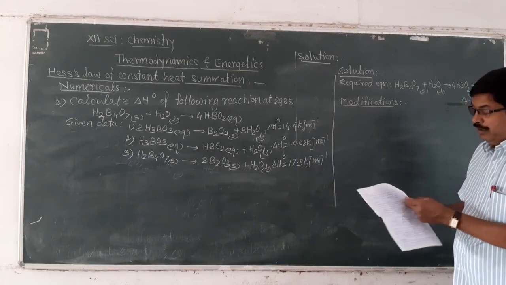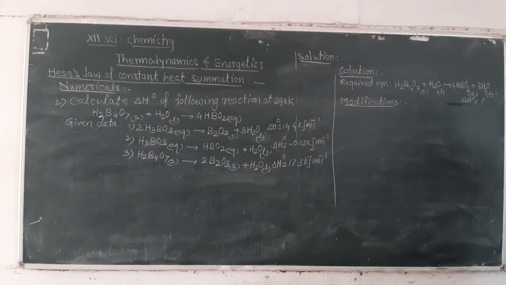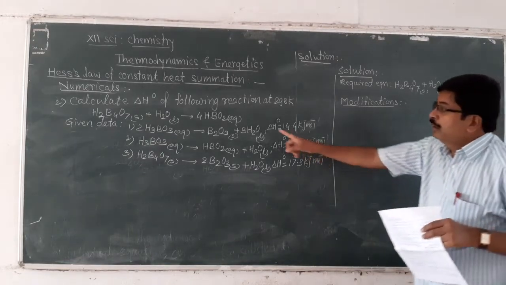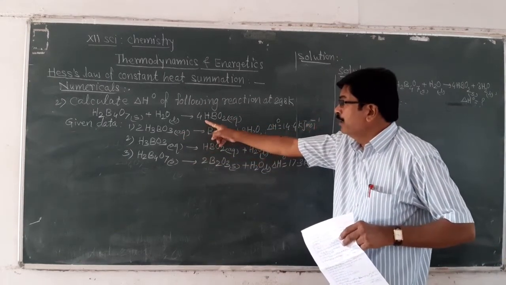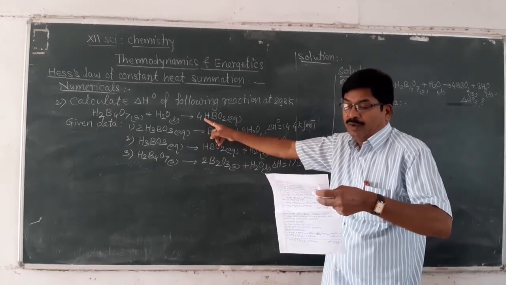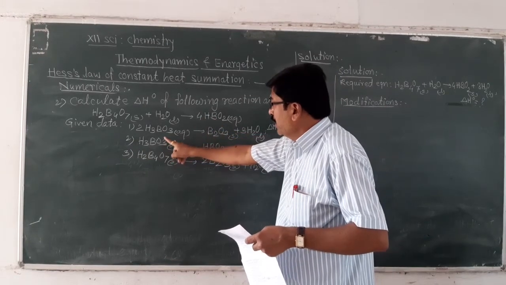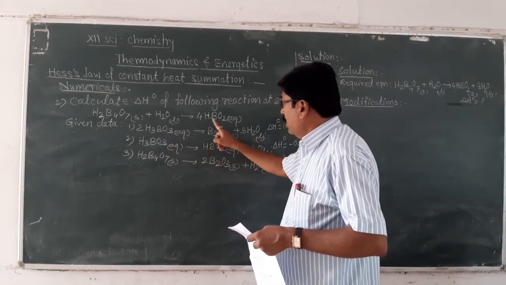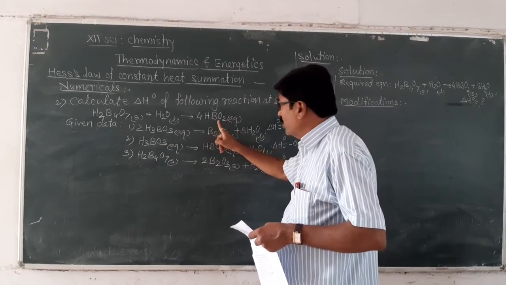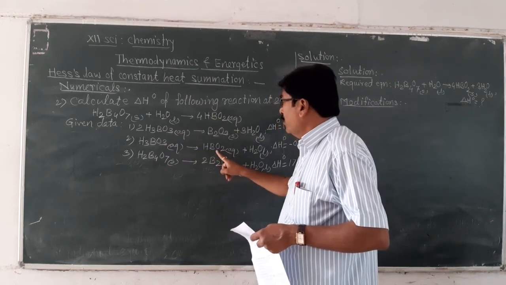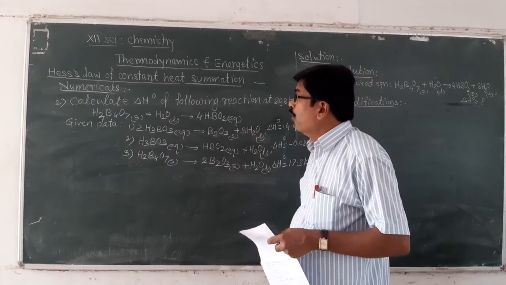By seeing this equation, you can modify the thermochemical equations. 4HBO2 aqueous is present in the given equation, 4 moles, but in the second equation only 1 mole is there. That means you can multiply equation 2 by 4.